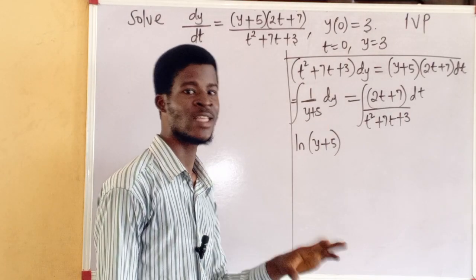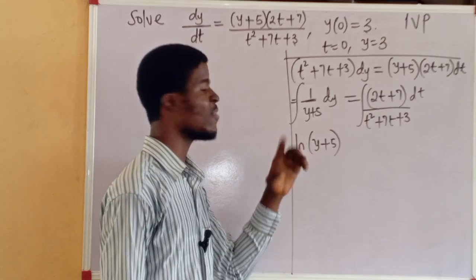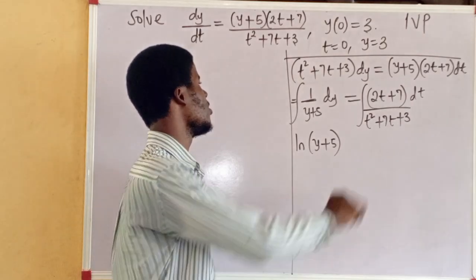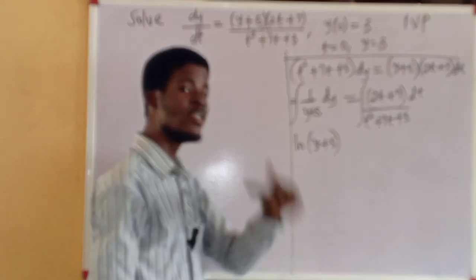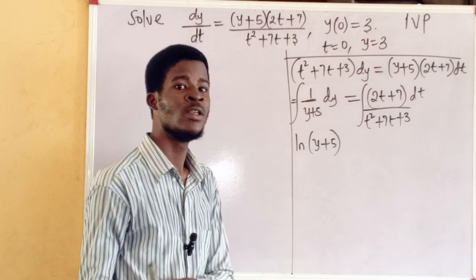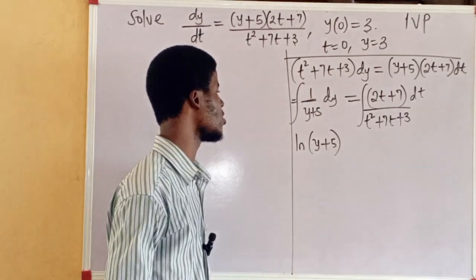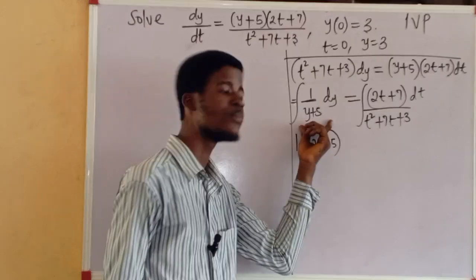In the previous video, I established this fact: if you have a function such that the derivative of the bottom is the numerator or the top, the integral of that function with respect to the variable is the natural logarithm of the bottom.